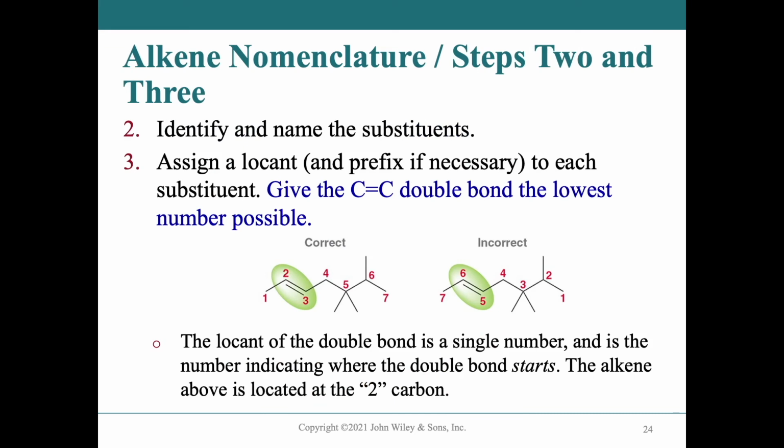And then, just like I said just a few seconds ago, when you're numbering these alkenes, you want the alkene or the double bond to be closest to the end, or closest to number 1. And so that's why you start it here with 1, 2, 3, 4, 5, 6, 7, right?